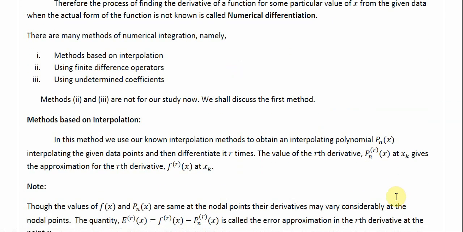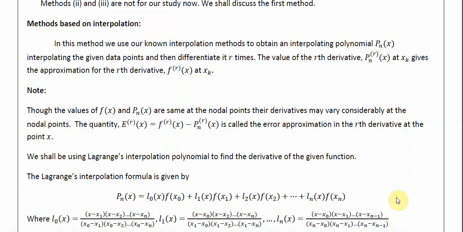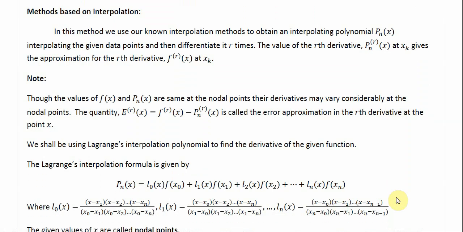So in this method, once a set of tabular values is given to us, based on the methods we have already studied, we shall find a polynomial which passes through all these points. That means we are finding an interpolating polynomial passing through the given data points. I'll call it Pn of x.